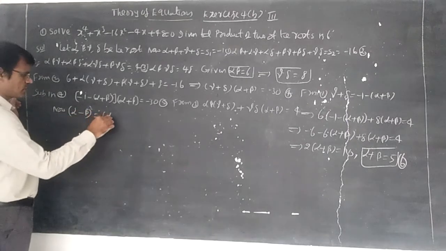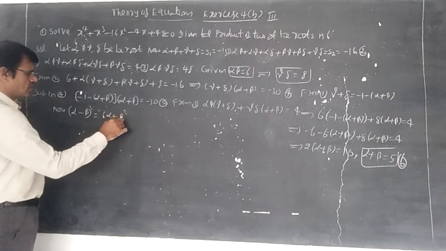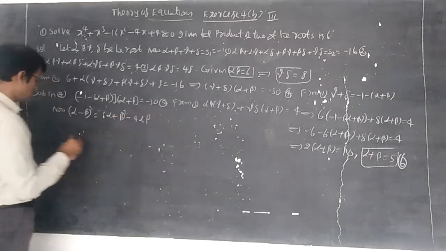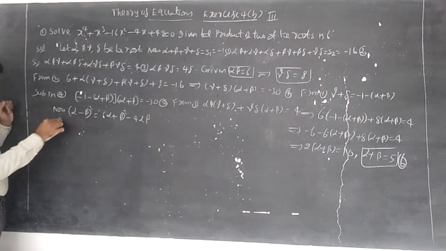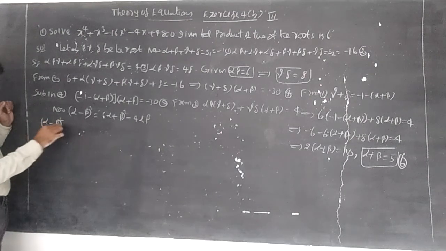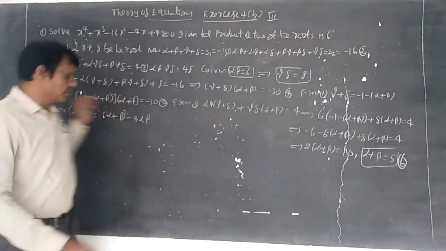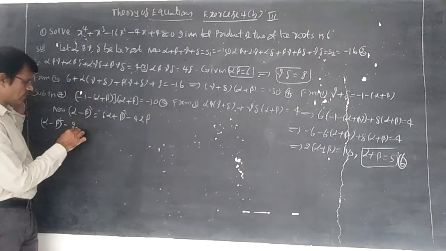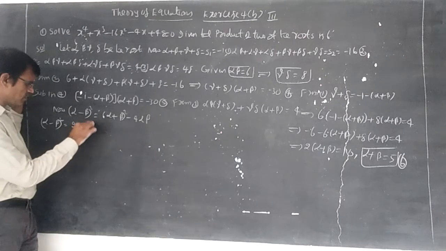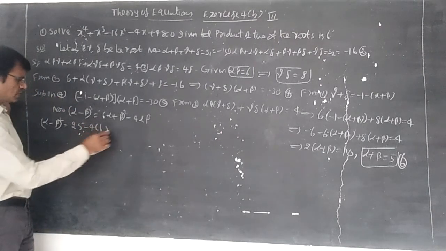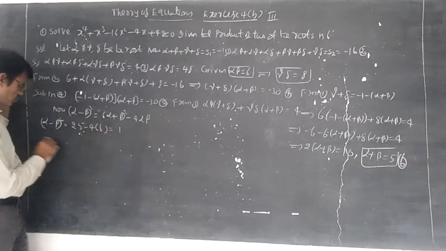Alpha minus beta whole square is equal to alpha plus beta whole square minus 4 alpha beta. So you can write here alpha minus beta whole square is equal to, what is alpha plus beta here? 5. So 5 square is 25 minus 4 into alpha beta value 6. So 25 minus 24 becomes 1.